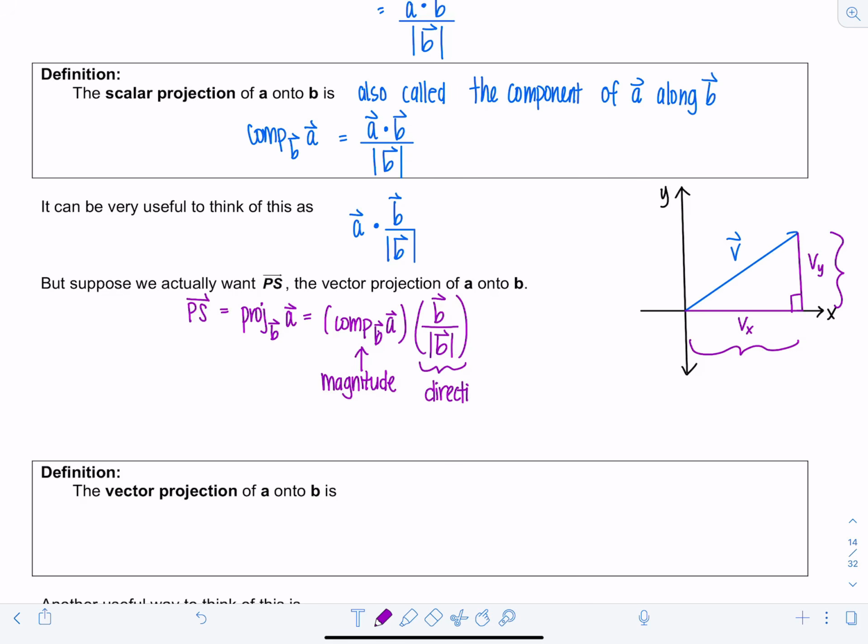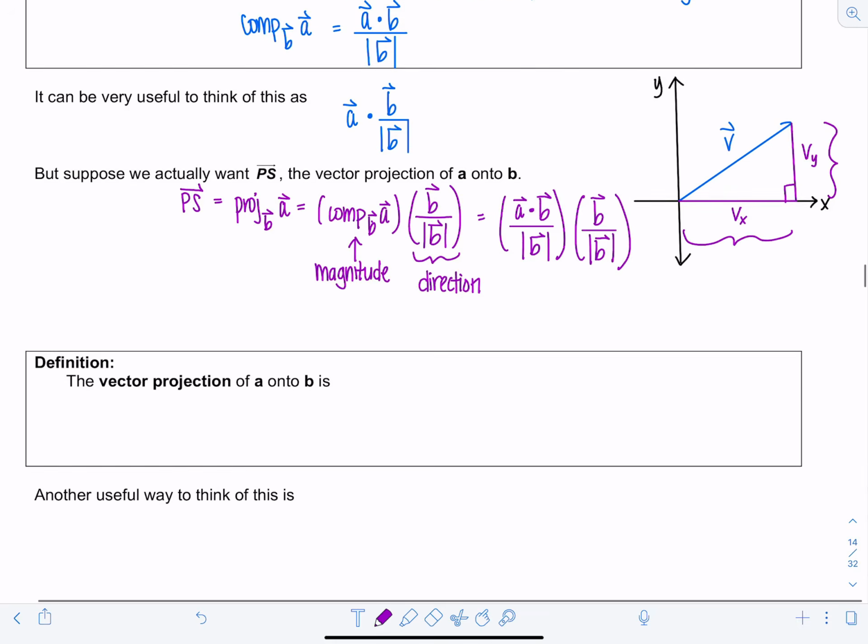We want it in the direction of B. I don't want to mess with the magnitude, so that's why I need a unit vector. And then remember, the scalar projection is defined to be A dot B divided by magnitude of B, and then we have times, now I want it to be a vector quantity, B divided by magnitude of B. So that's our definition for the vector projection of A onto B.